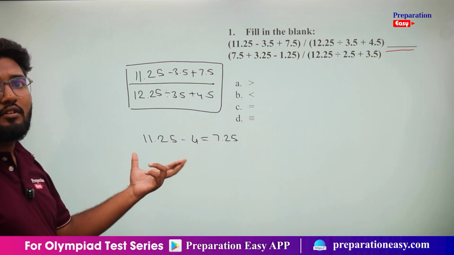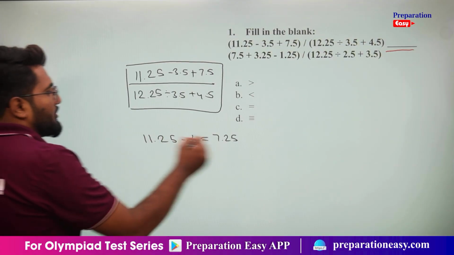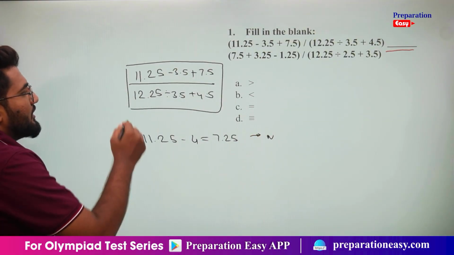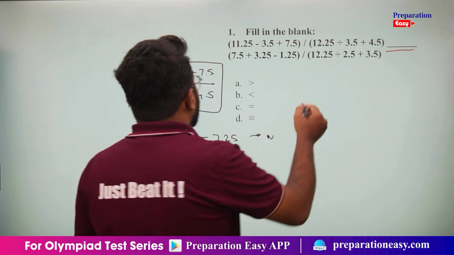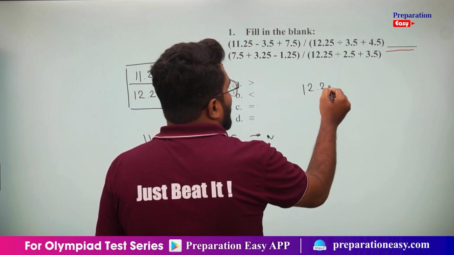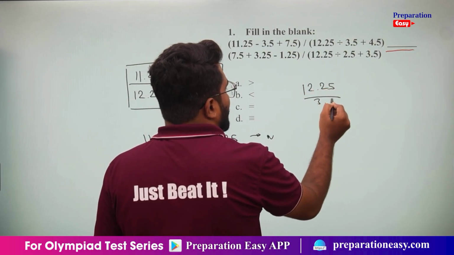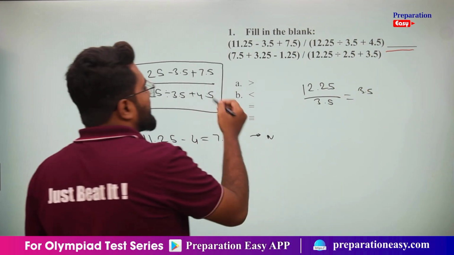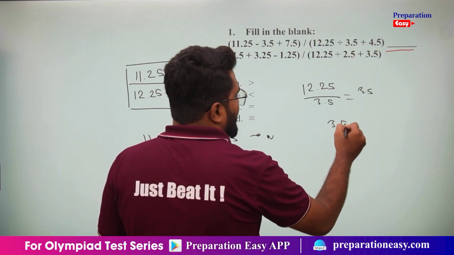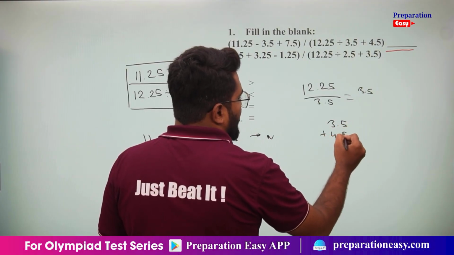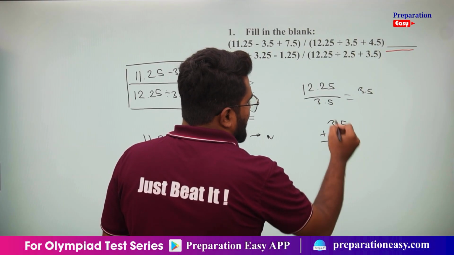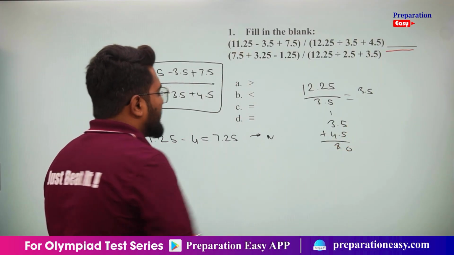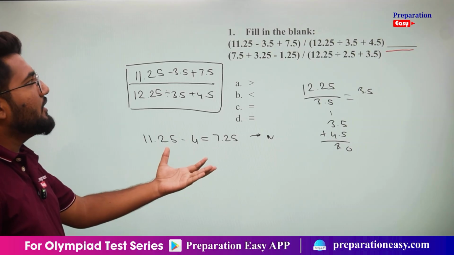Is it correct or wrong? Yes, it is correct. So our numerator value is 7.25. Now we will go for the denominator. 12.25 divided by 3.5 equals 3.5, and then plus 4.5. 3.5 plus 4.5 equals 8.